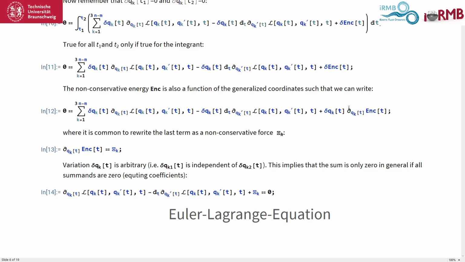Taking the derivative of an energy by a path, energy by path, is a force, because force times a path is the energy, right? So this turns out to be a force, and because it was the non-conservative energy, the dissipation, this is what we later call the non-conservative force, and we use the letter capital Xi to describe this.